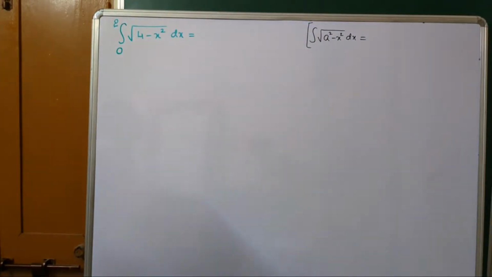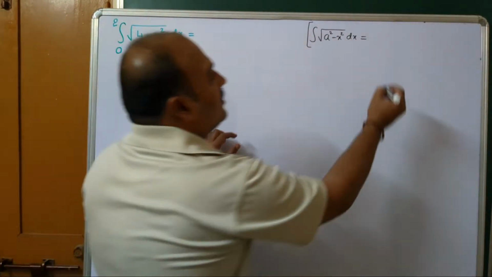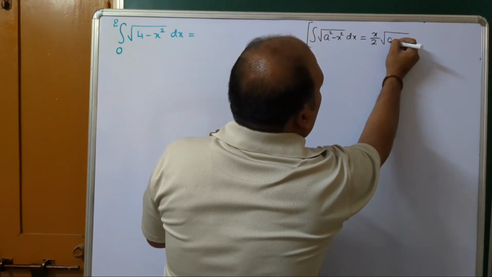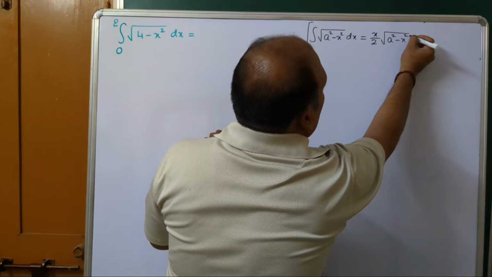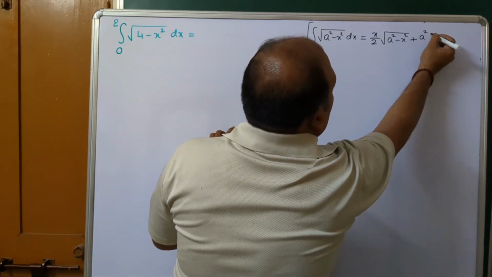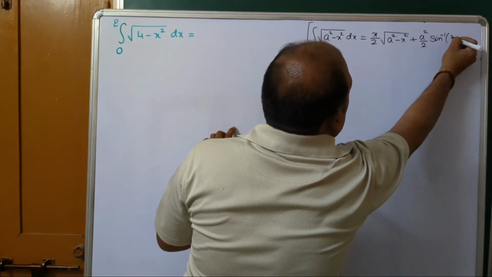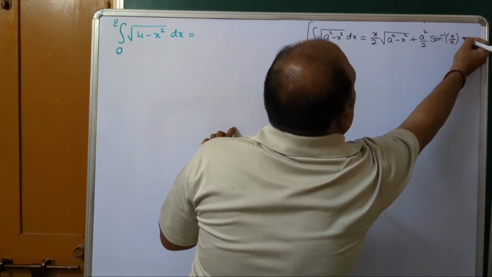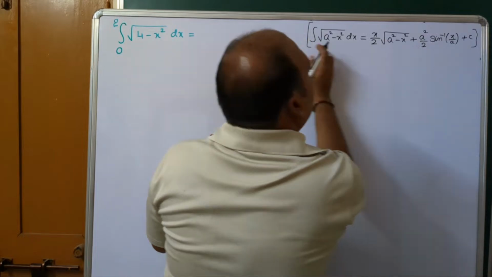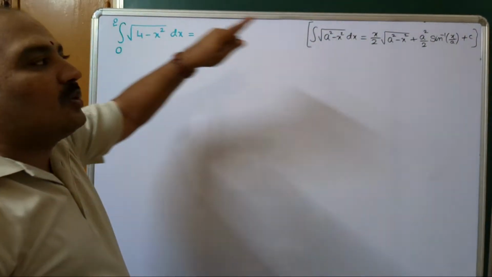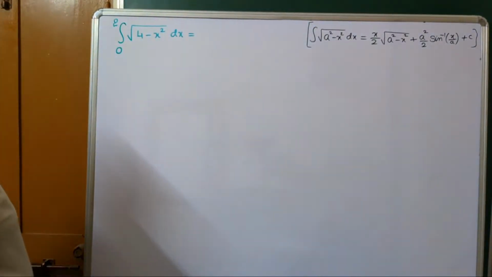Integral square root of a square minus x square dx is x by 2 into square root of a square minus x square plus a square by 2 into sine inverse of x by a plus c. When limits are not there, plus c will come. When limits are there, you write the formula without c.